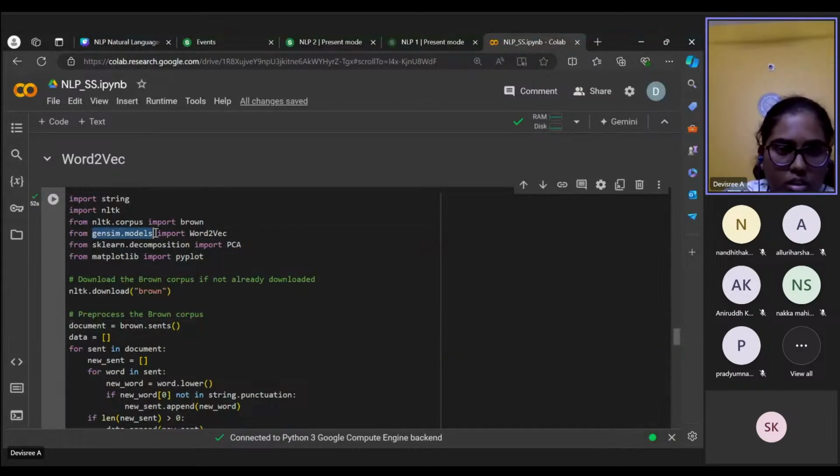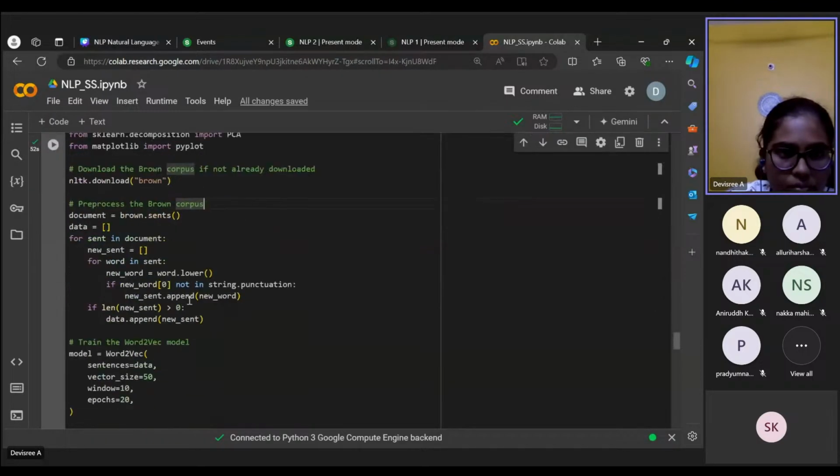From gensim.models, import Word2Vec. Word2Vec is the word embeddings model. We import PCA as well, and pyplot to actually plot the graph.